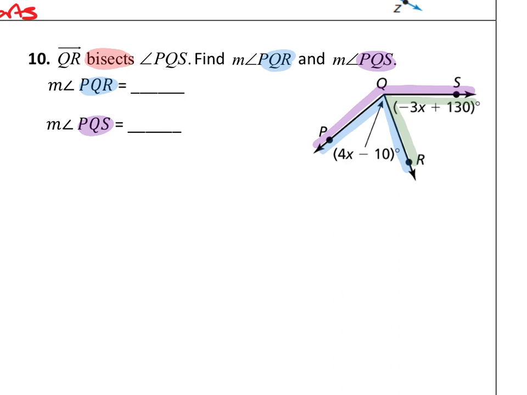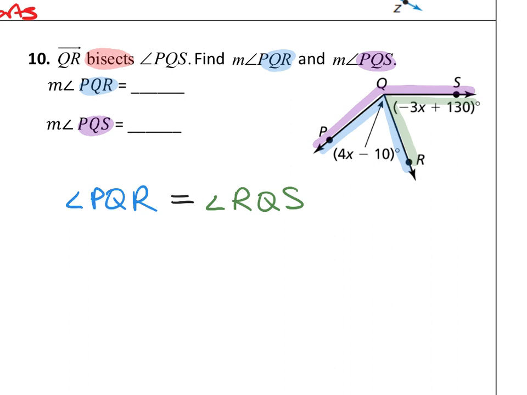It divides it into two equal pieces, which means those two angles should be what? The same, equal. That's the concept that we are going to use to solve this question. So the geometry we write down is the following. Angle PQR is exactly equal to angle RQS. That's what we know from the word bisects, that they're equal.